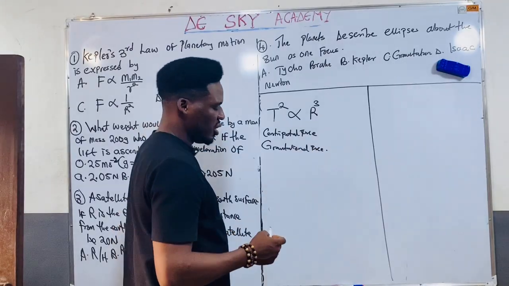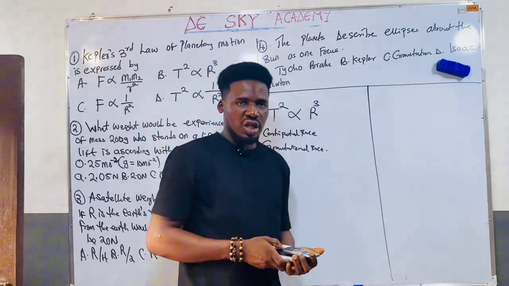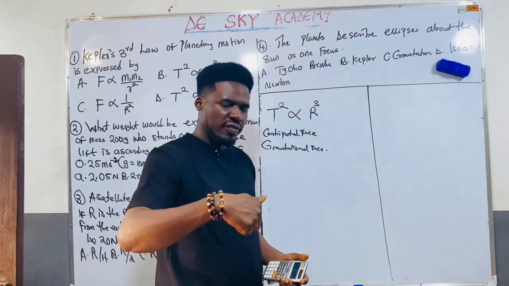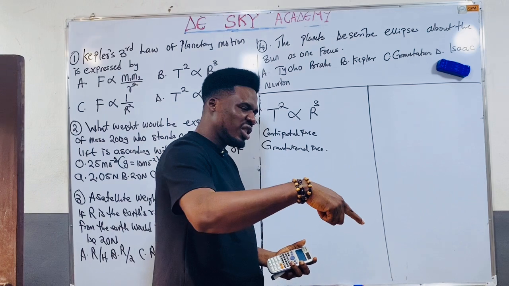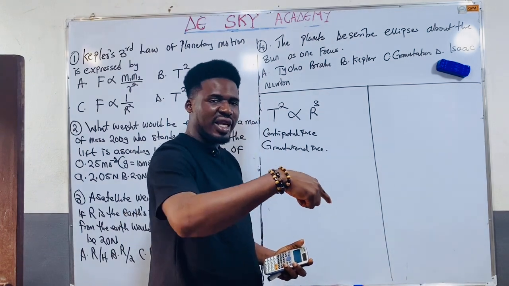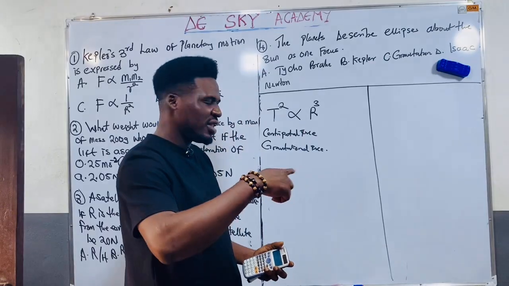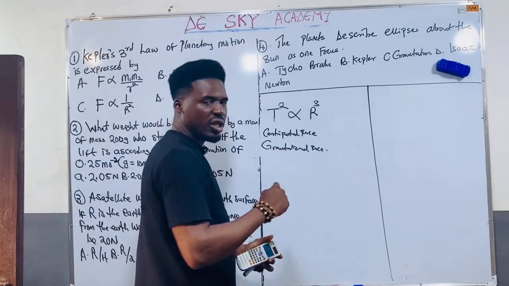What he's trying to say is that, remember that the planet moves around the sun. If the planet is moving around the sun, there is a force that is holding that planet in that circular path. That force that is holding the planet in that circular path is called centripetal force.